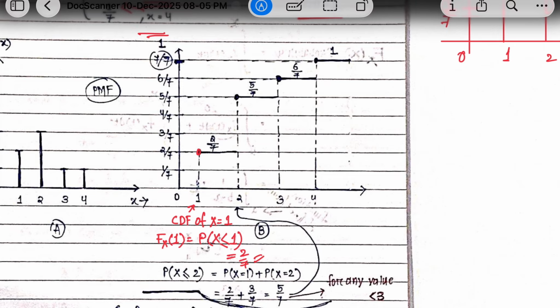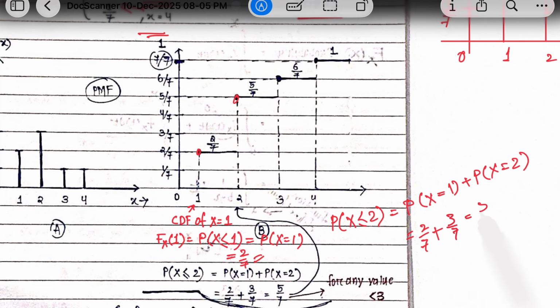If you take x equal to 2, then you need to do P of x equal to 1 plus P of x equal to 2. We need to take P of x equal to 3 and also 4.